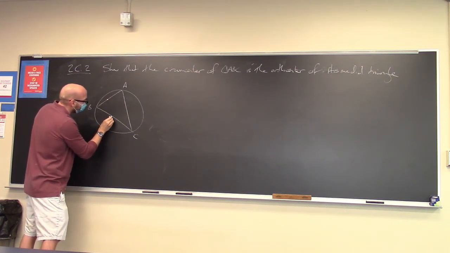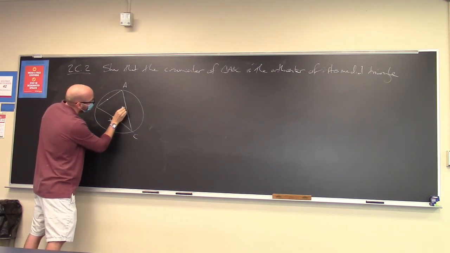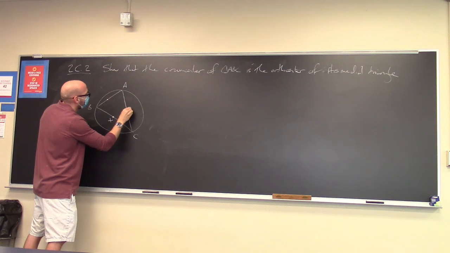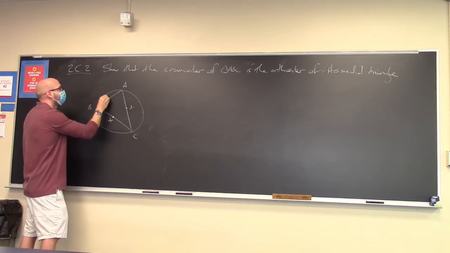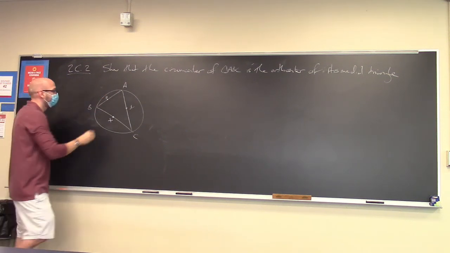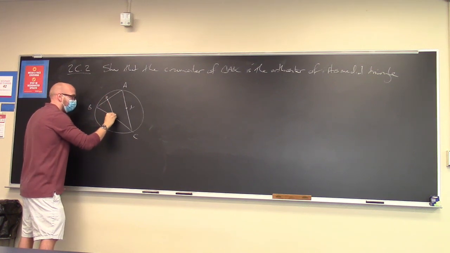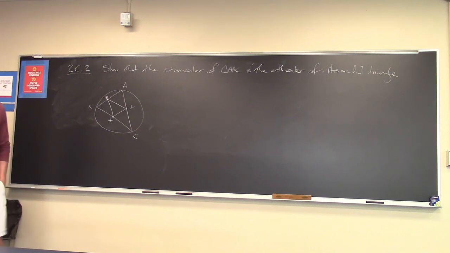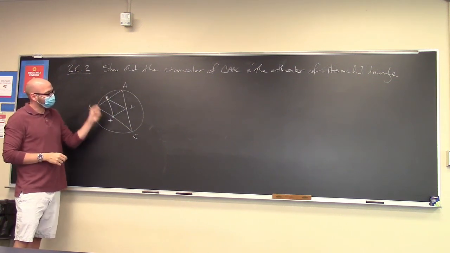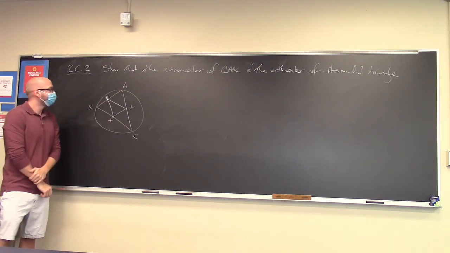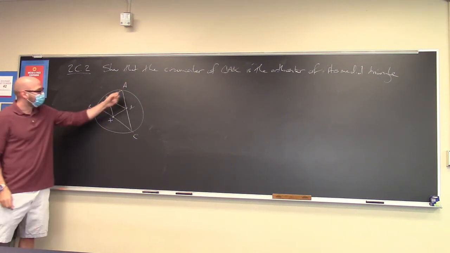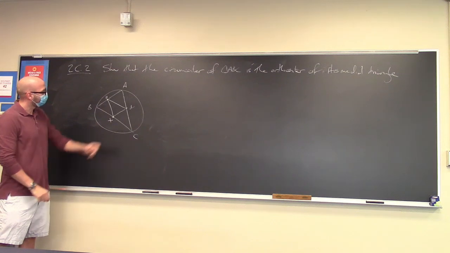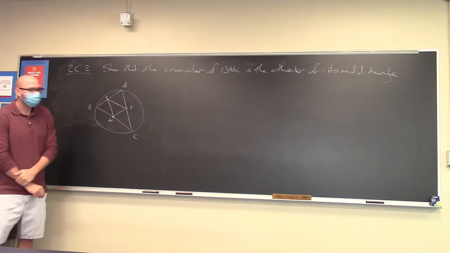So take the midpoints of each side, X, Y, Z. And we want to show that the orthocenter of this medial triangle is the same as the circumcenter for the triangle ABC. It's the center of this circle.